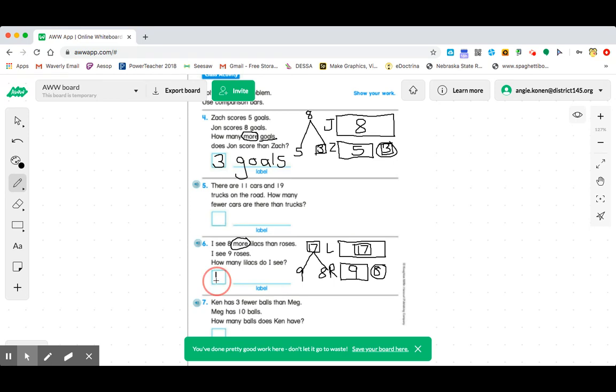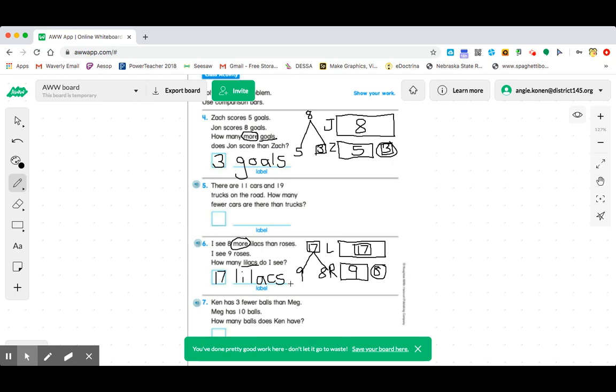I'm going to go ahead and put 17 down here. And then we're going to look for that label, okay? It says, how many lilacs do I see? So I know that I have to write lilacs. L-I-L-A-C-S, okay? Now, 17 lilacs.